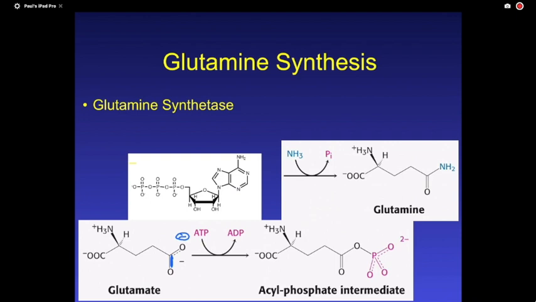Is it PPi, the diphosphate coming off, or inorganic phosphate? Because I see one phosphate, I know I'm going to attack the gamma. And I don't need a base. Why? I already have a nucleophile, a negatively charged intermediate. We'll attack at the gamma.